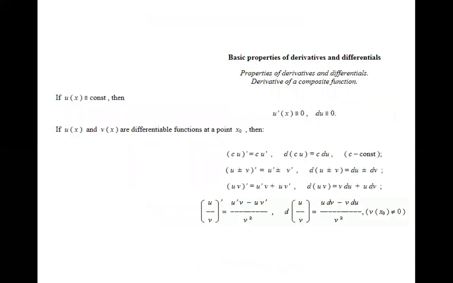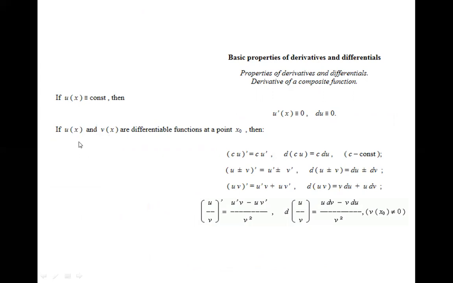Properties of derivatives and differentiable functions. If u of x is constant, then the derivative of u is 0.